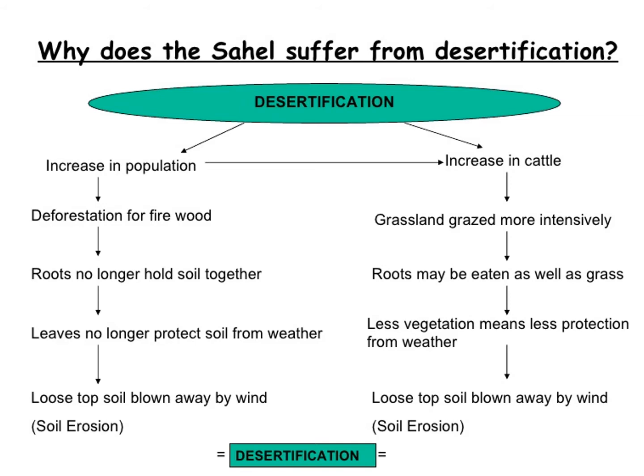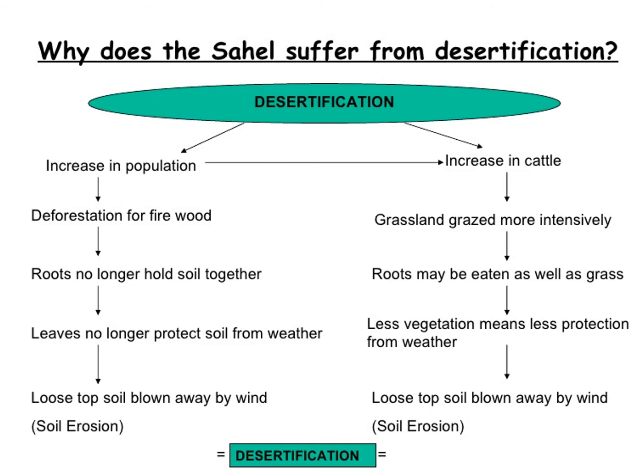Because of that deforestation, the roots no longer hold the soil together. This means that the soil is not protected from the weather. And because of that, we get loose topsoil which is blown away by wind, leading to soil erosion. And this is why an area would suffer from desertification.